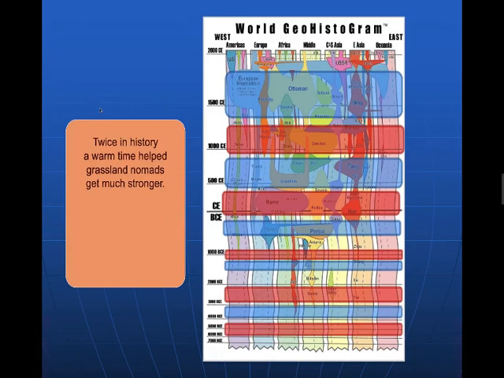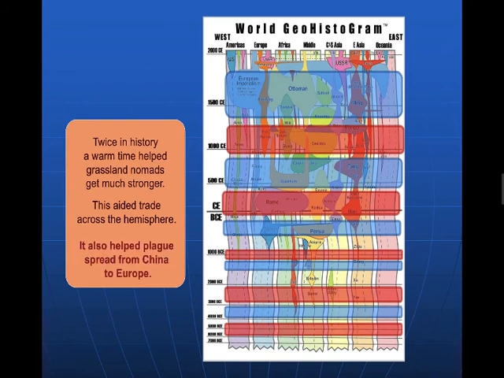Because at least twice in history, a warm time helped grassland nomads become stronger, and then a cold time forced them to move a little bit further south in order to keep finding food. The warm time helped trade across the hemisphere, and trade tended to help plague spread from east to west, from China toward Europe.